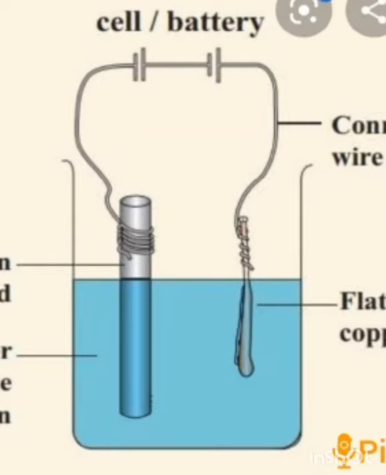You should note that the carbon rod and copper wire should not touch each other during this process. So it is nothing but electroplating of copper over carbon by the chemical effect.